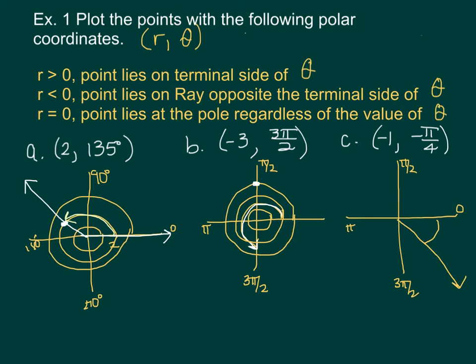And since r is negative, let me draw my circles. 1, 2, 3. Then we have to go opposite on the ray. So instead of it being here, it has to be here. So it's like a diagonal. So that's the point -1, negative pi over 4.